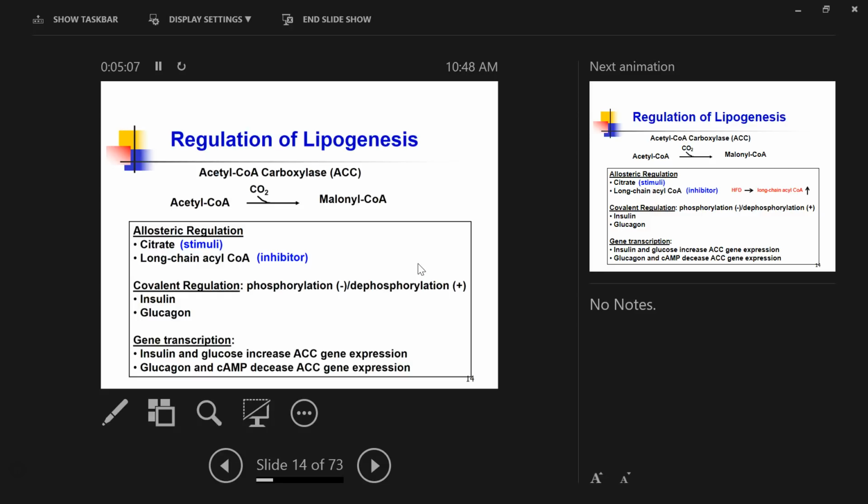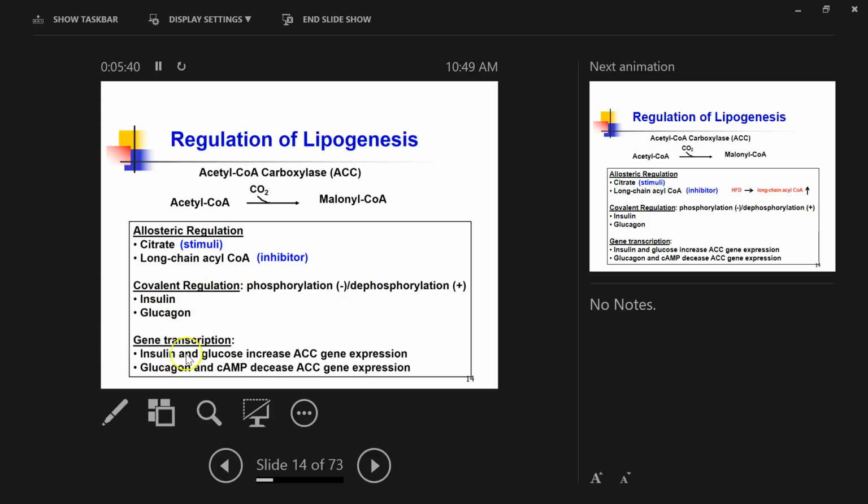So this long-chain acyl-CoA serves as a negative regulator of ACC, inhibiting ACC activity and lipogenesis. And covalent regulation works through phosphorylation and dephosphorylation of ACC, and of the two hormones, insulin stimulates ACC, and glucagon inhibits ACC.